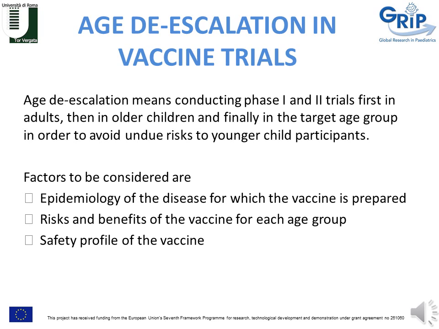Factors which should be considered during age de-escalation include the epidemiology of the disease for which the vaccine is prepared, the risks and benefits of the vaccine for each age group, and the safety profile of the vaccine.